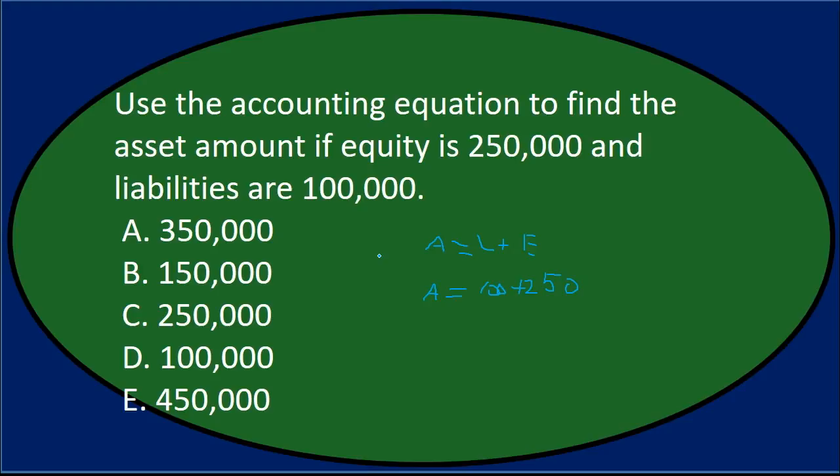Then we do the math and get 350. You just want to make sure you're not going the wrong way and getting 150. They're going to give you all the combinations, trying to provide that false sense of security when you do the math a bit wrong. So just make sure to write down the equation every time as much as possible.